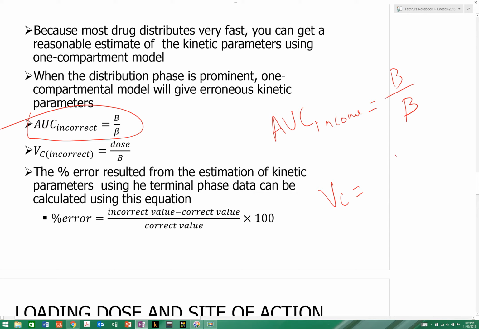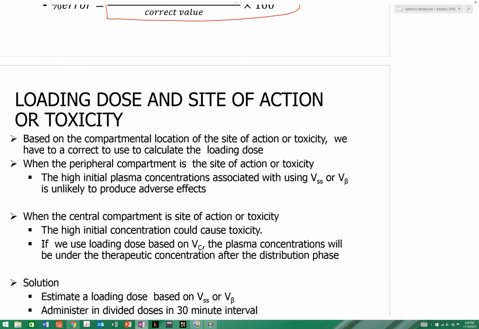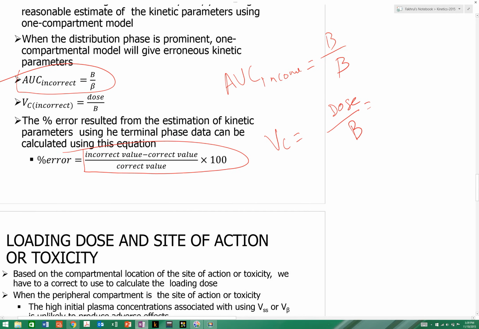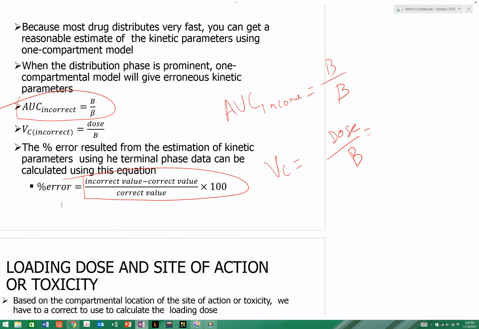You do not use dose by A plus B, you just use B. So this will be your incorrect volume of distribution. To find the percent error, you can calculate by this equation. And in the assignment video, I have explained a lot about how you have to do that calculation. So now assume that you have used the wrong volume of distribution.